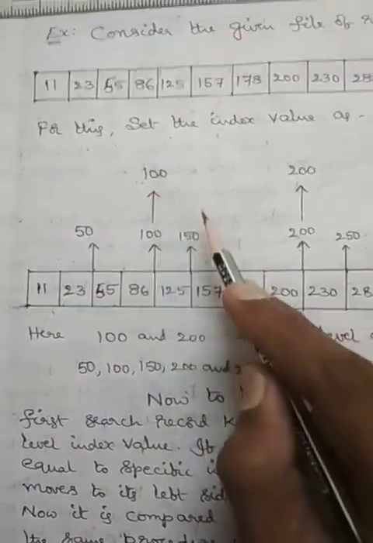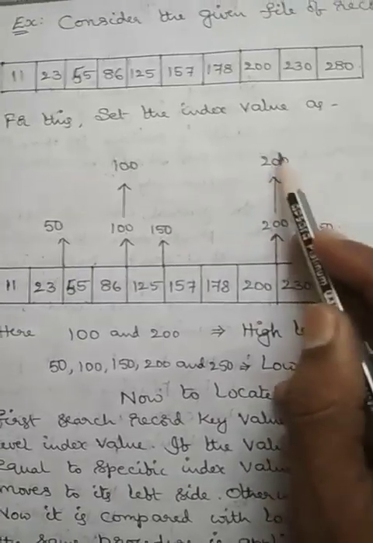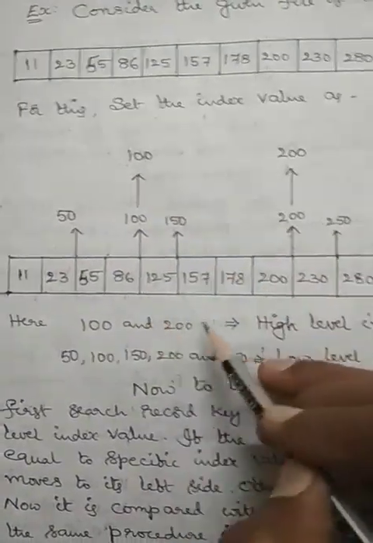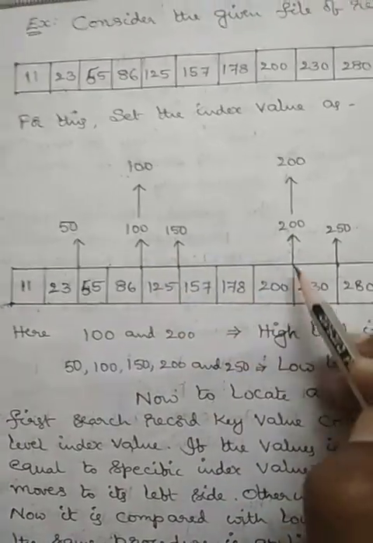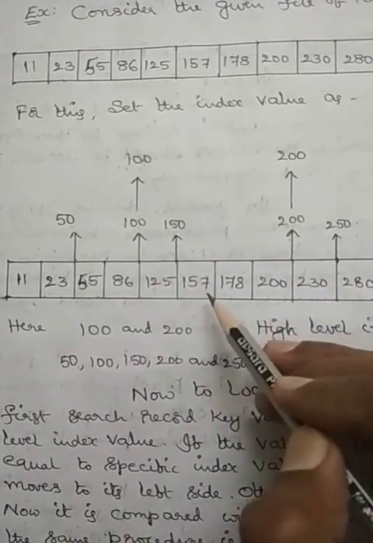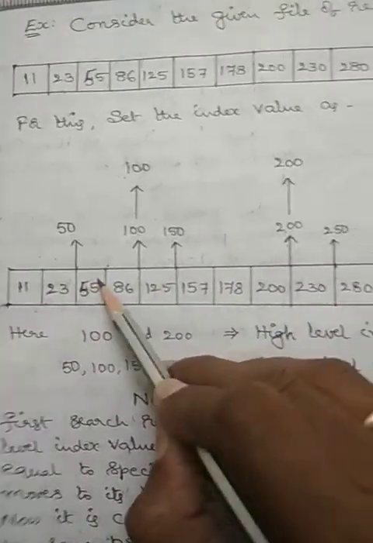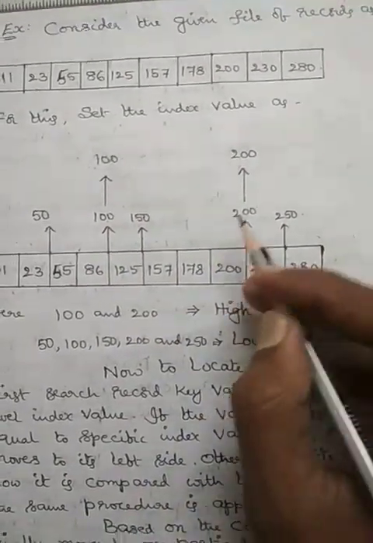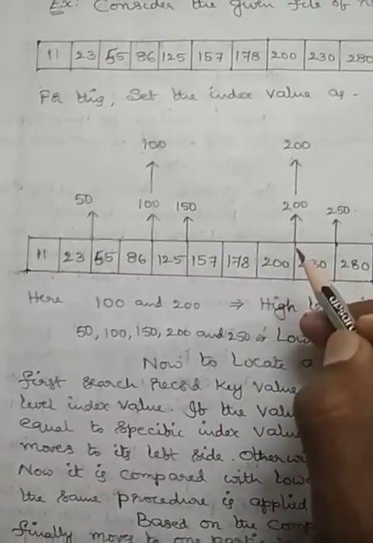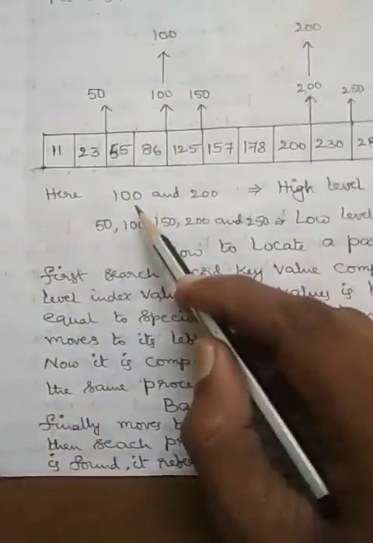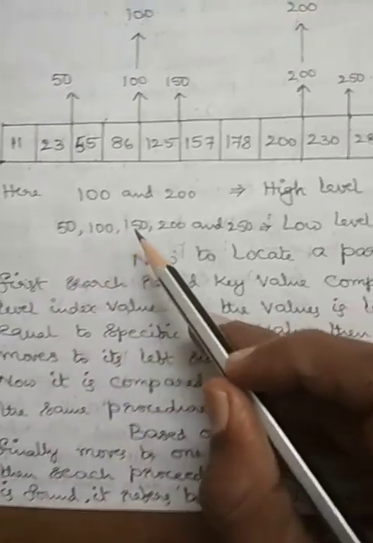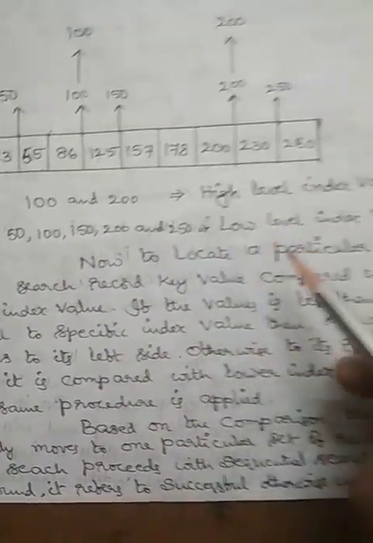It is greater than 100, but still we have 200. Since 150 is less than 200, we use only this group of data items to find our required data item, thereby skipping this list and this list. This kind of data structure we also consider as a skip list. So here 100 and 200 are higher level indexes, and 50, 100, 150, 200 and 250 are low level indexes.